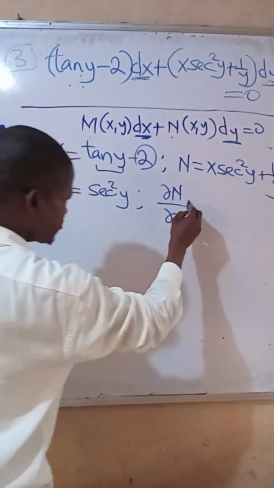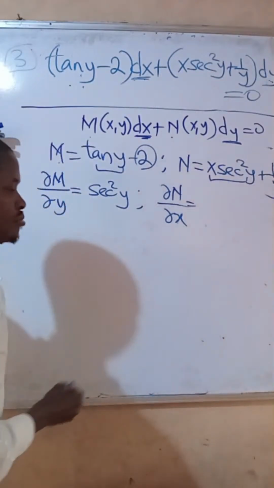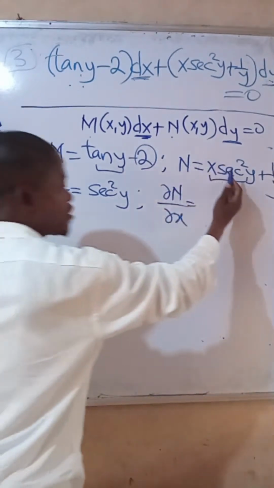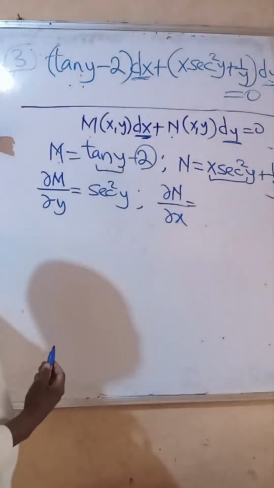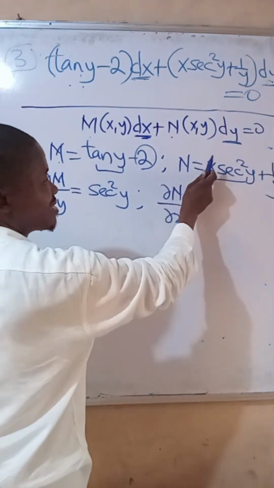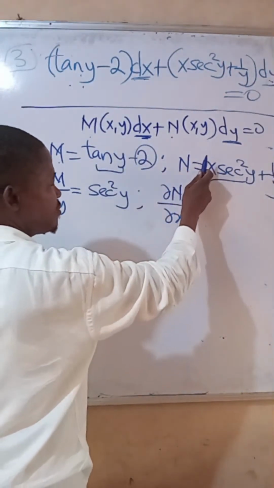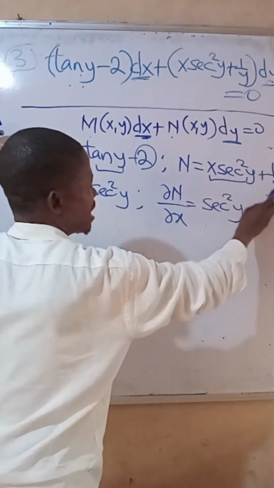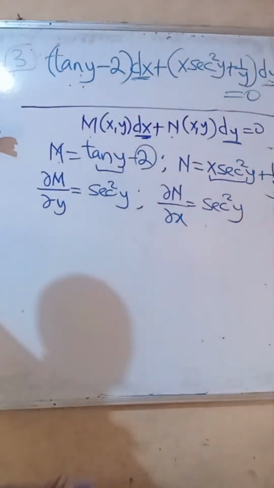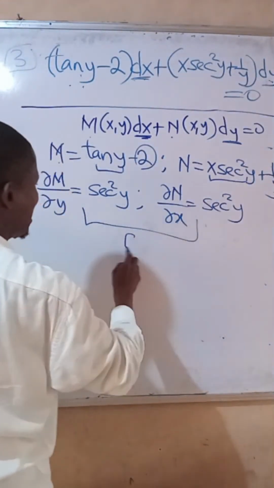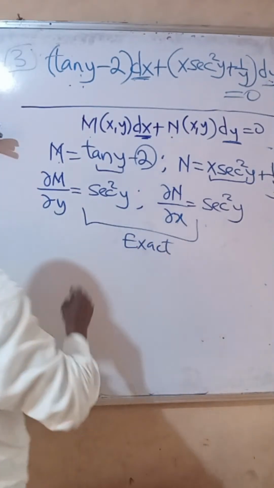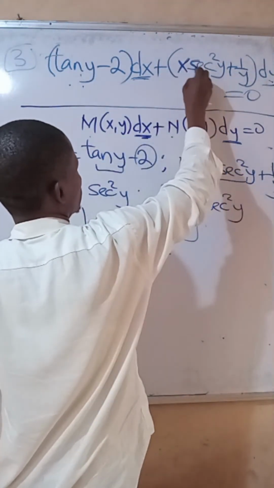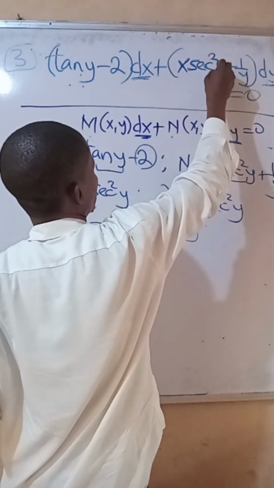This one involves two products: one is a function of y, one is a function of x. So the function of y will be kept as a constant, and then we differentiate the x only. Differentiating x with respect to x gives 1, so it's giving you sec square y. 1 over y, if you differentiate with respect to x, is going to be 0. So automatically, this is exact. So that's what we have in that case.